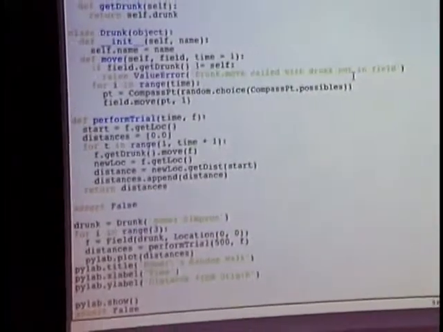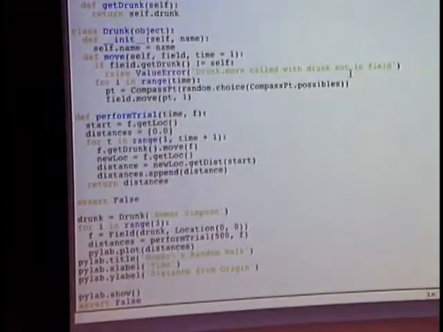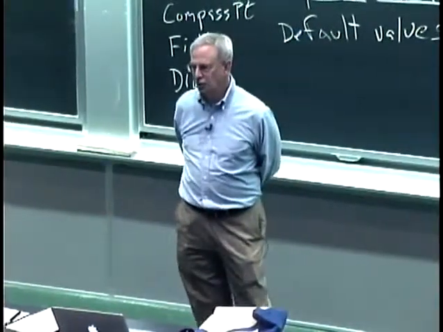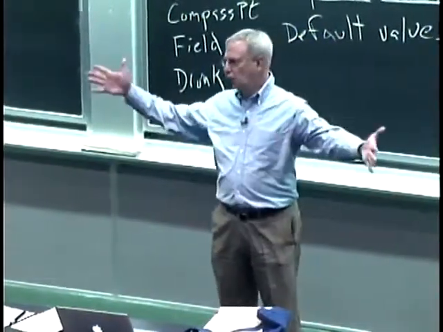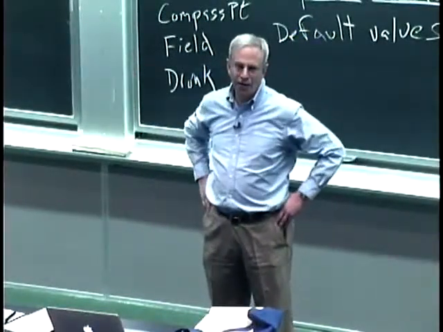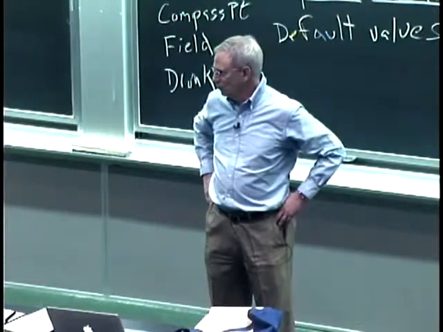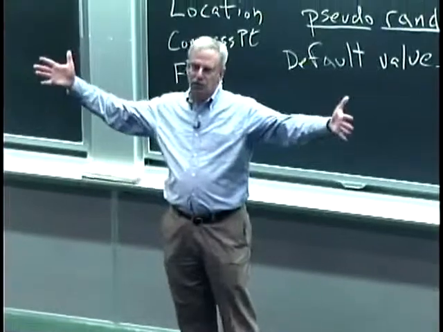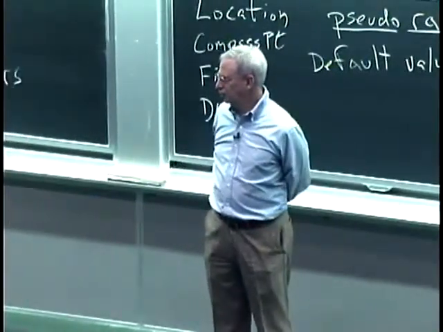Point equals compass point. And here's the most interesting thing, random.choice of compass point.possibles. Random.choice is a function in the random module which we've imported, and it takes as an argument a sequence, a list of some sort, a container, and it picks a random element out of that. So here we're passing it in 4 possible values, and it's just going to pick one of them at random.